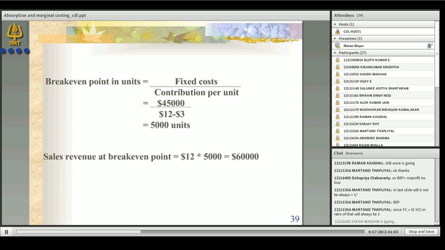That means you need to sell at least 5000 unit to attain break even point, and sales at that point will be 12, which is your selling price multiplied by 5000 unit, that is $60,000 of revenue. So you need to generate $60,000 of revenue to attain break even point.